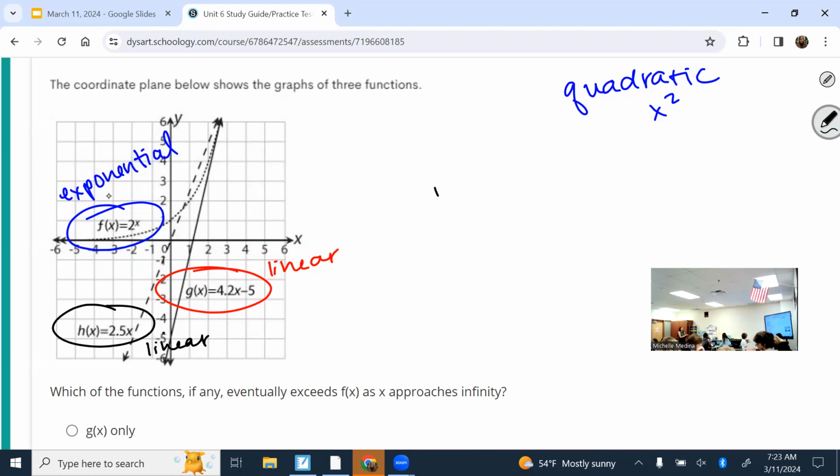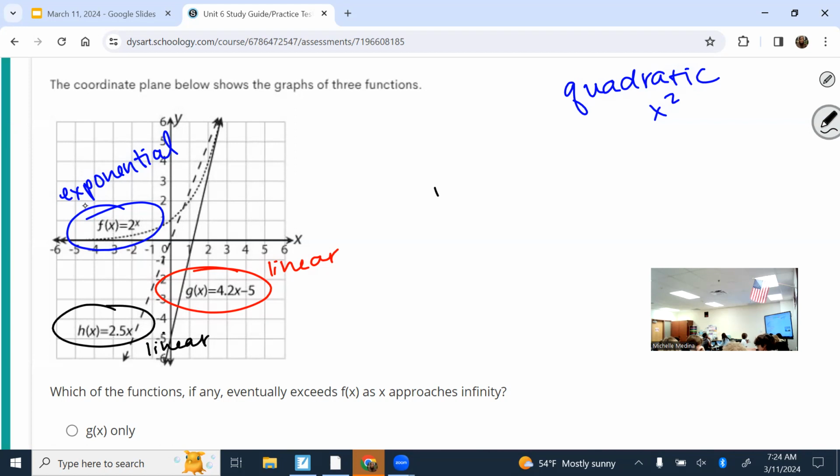Exponential. Remember, if something grows exponentially, it's growing at a really fast rate, because it's multiplying each time. Whereas linear is adding each time, and then quadratic's a bit different. It goes up and then down, or vice versa. So exponential functions will always eventually exceed any linear or quadratic.